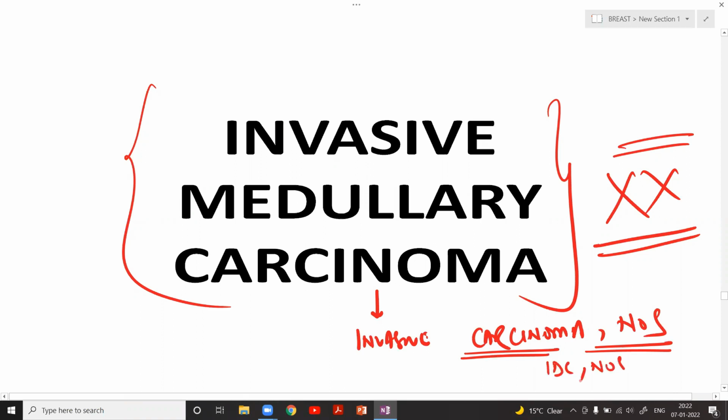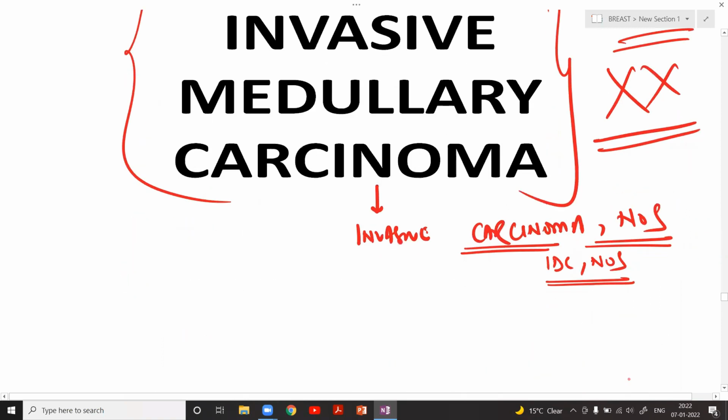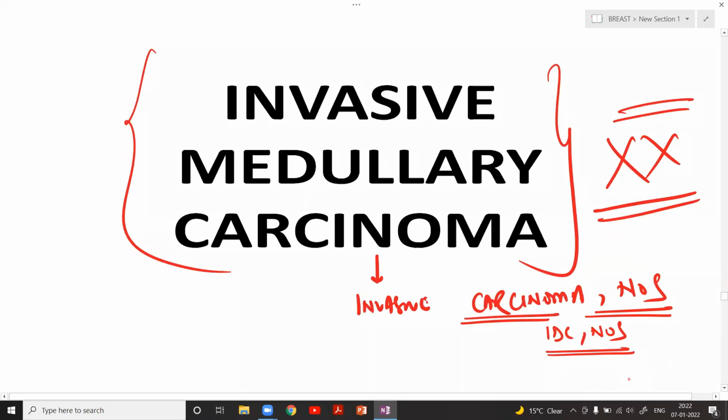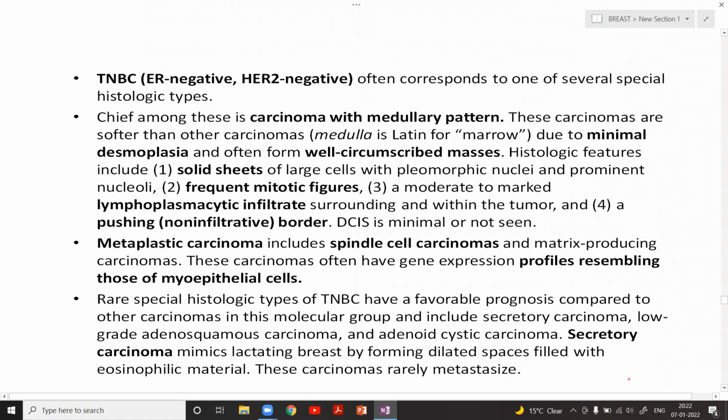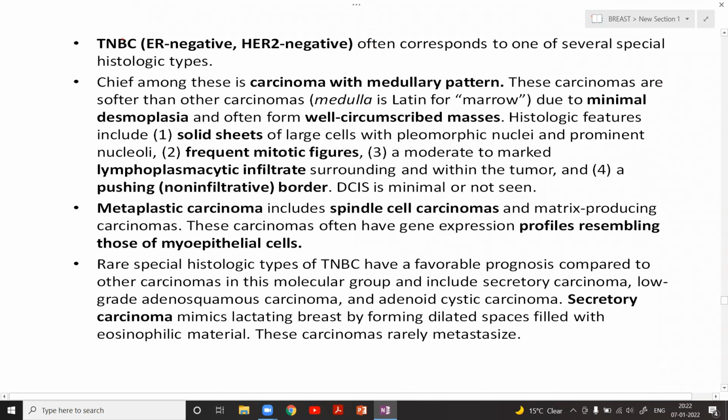That is why they have completely got away with the term medullary carcinoma separately, but it is given in Fletcher's and in other books. I'm just telling you.